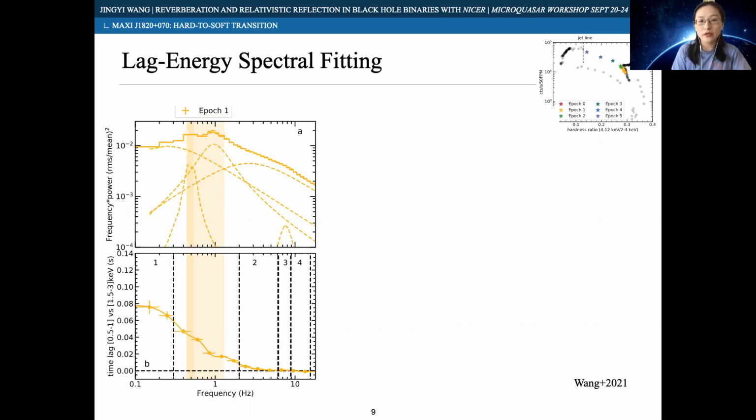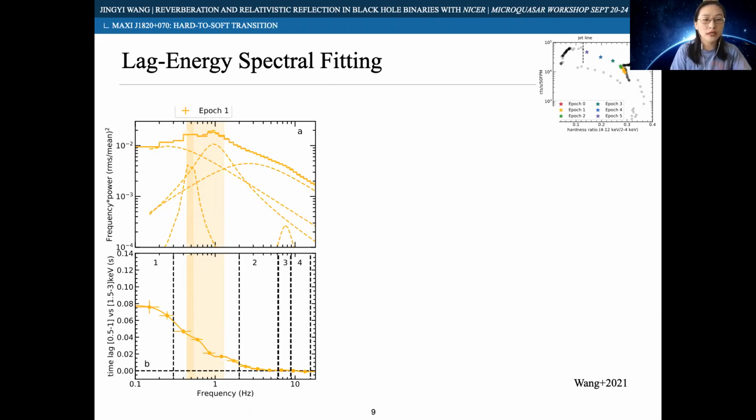The lower panel is the lag frequency spectrum. Because no QPO mechanism is included yet in our reverberation model, and lags at the QPO frequencies are likely to have additional complexities compared to the broadband noise, we decided to adopt a more conservative approach and only extract and fit for the lag energy spectra in the frequency bands outside of the QPO frequencies.